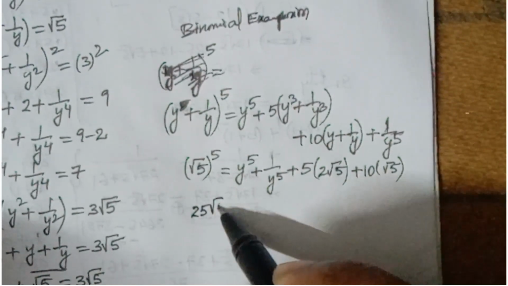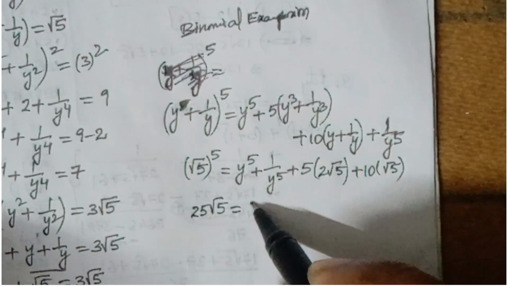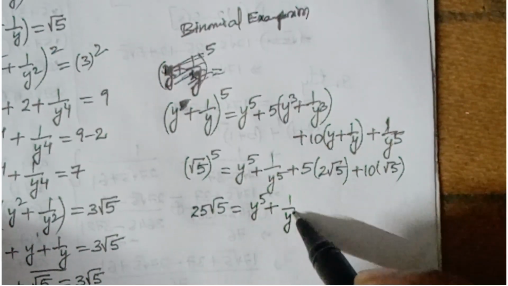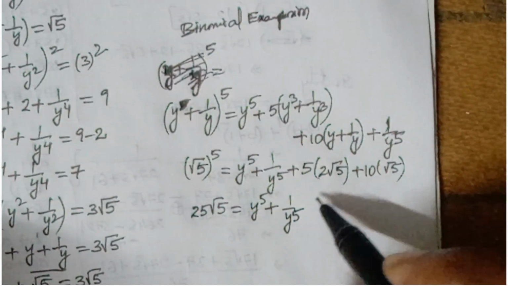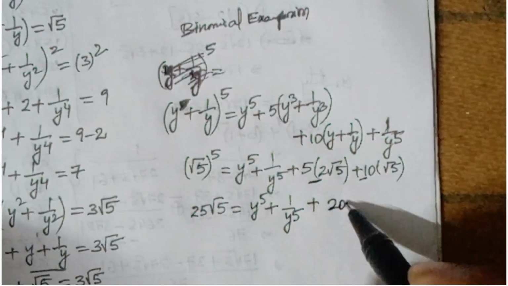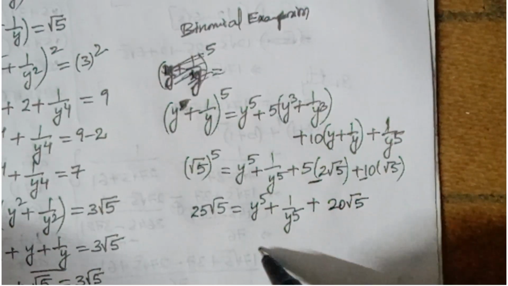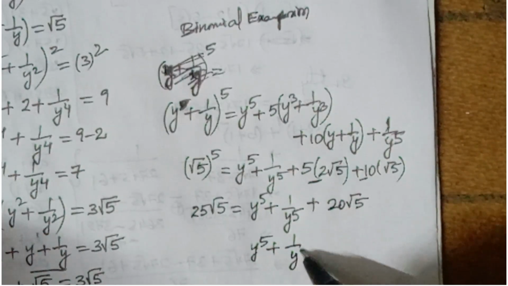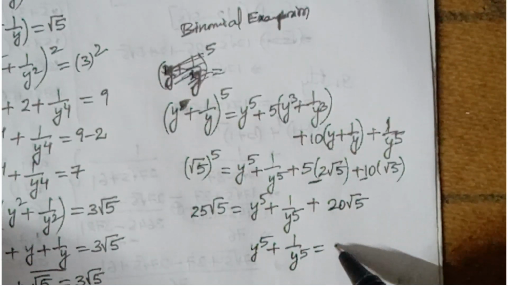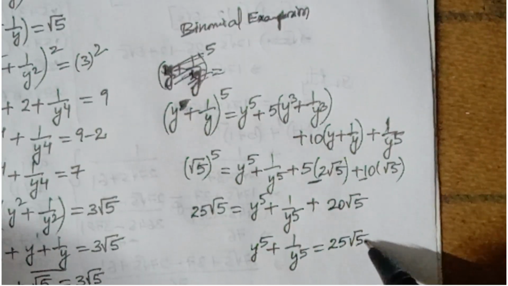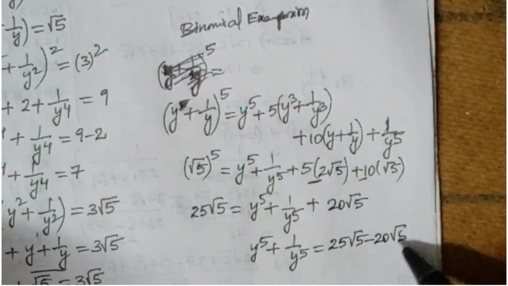25 root 5 is equal to y to the power of 5 plus 1 by y to the power of 5 plus this 2 will become 20 root 5. So y to the power of 5 plus 1 by y to the power of 5 is equal to 25 root 5 minus 20 root 5.